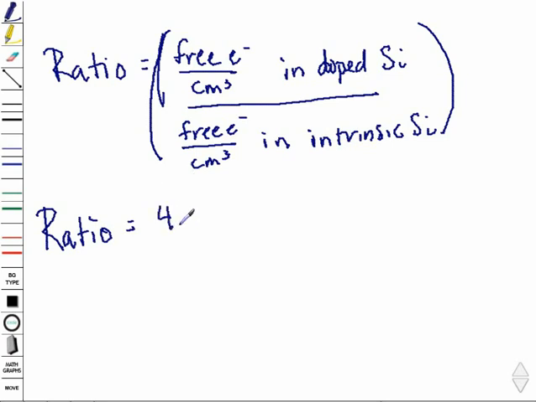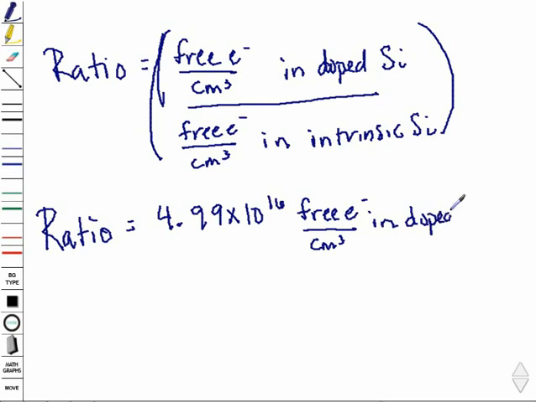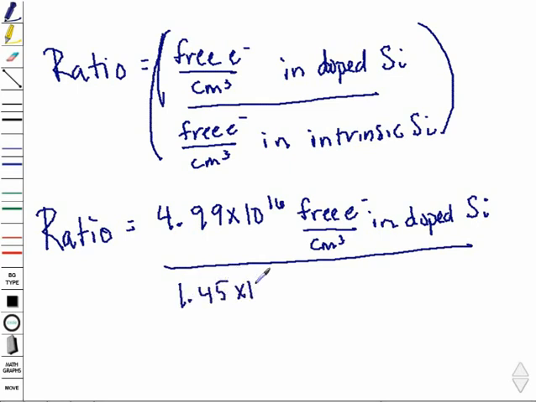So we're going to have 4.99 times 10 to the 16th free electrons per centimeter cubed in doped silicon from part A. We're going to divide that by our known value of 1.45 times 10 to the 10th free electrons per centimeter cubed in intrinsic silicon.